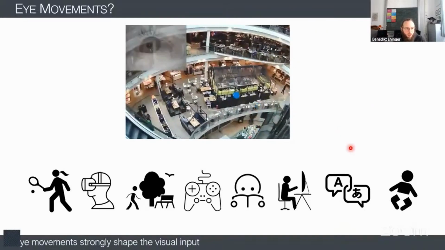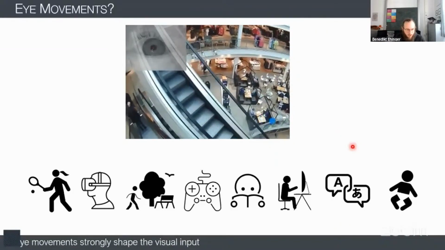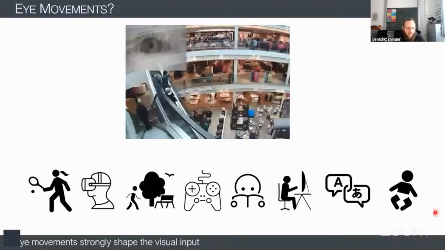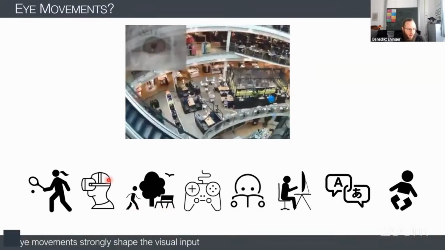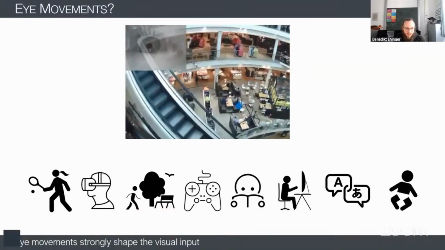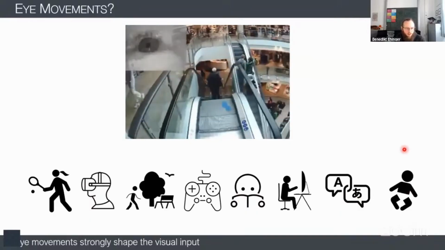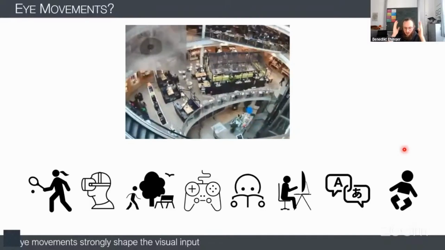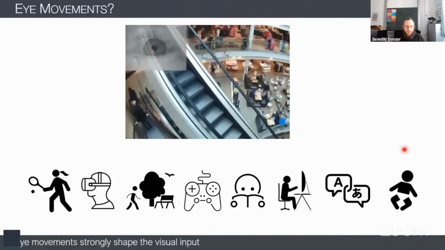But why is it important to allow people to have a natural environment? If you're interested in mobile navigation, VR, gaming, reading, talking, infants, sports, etc., you all need to break out of this really reduced lab setting, and you need to allow for eye movements and for other motion as well.